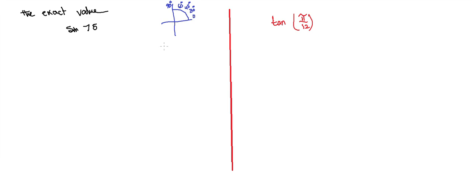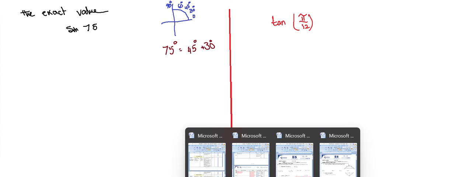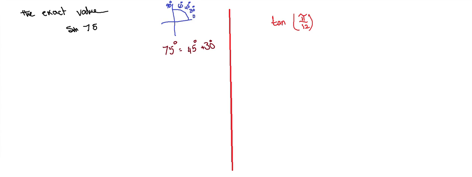Do you think this is 45 plus 30? Yes, excellent, 45 plus 30. Do you have any other option? You can do another option if you want, the same idea, but I think it's easier to use this one. So use one of the common angles to create the given angle.